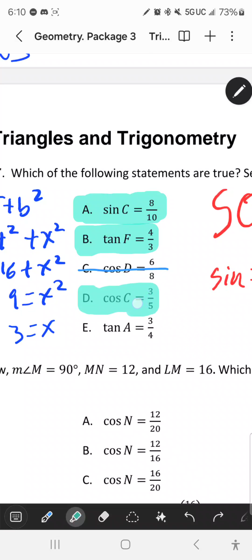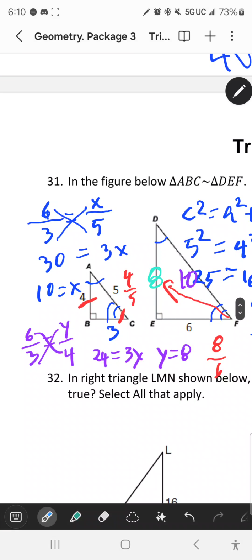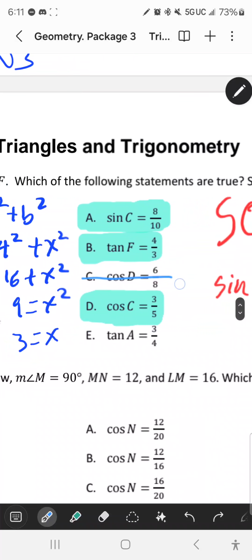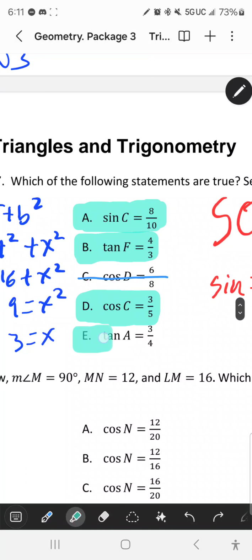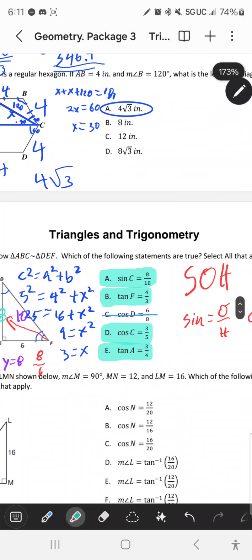Okay, this is the exact number they say here. So we're fine. Then let's look at the tangent of A. I'm going to A. Tangent is opposite, TOA, so it's opposite over adjacent. The opposite is 3, the adjacent is 4, so it will be 3 over 4. Right here we have the 3 over 4. So we are fine with those.